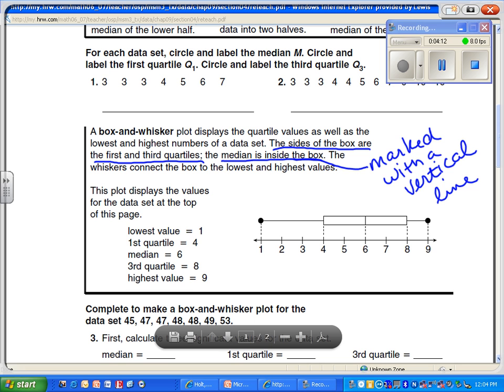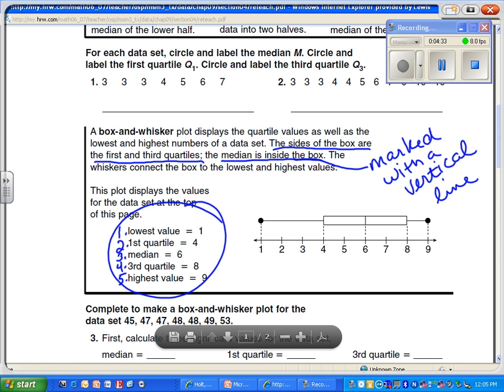All right, so let's take the example that we have here in the middle of the page. These are the 5 things that we're going to need to make our box and whiskers, so please circle that. We're going to need our lowest value in all of our data. We're going to need the first quartile, which was the median of the lower half. We're going to need the median, the third quartile, and our highest value. Once you have those numbers, you can make your box and whisker.